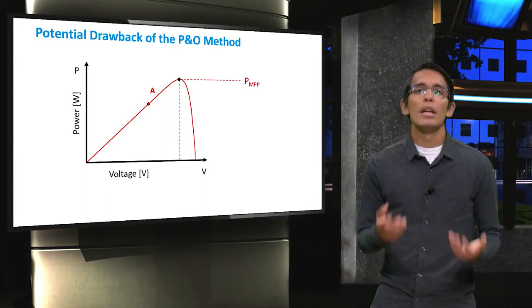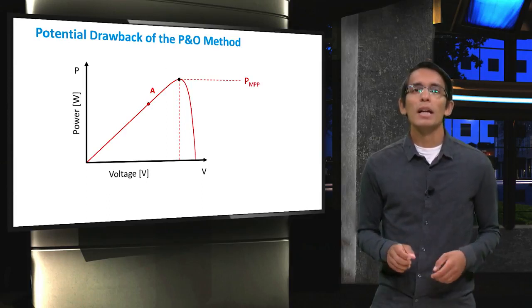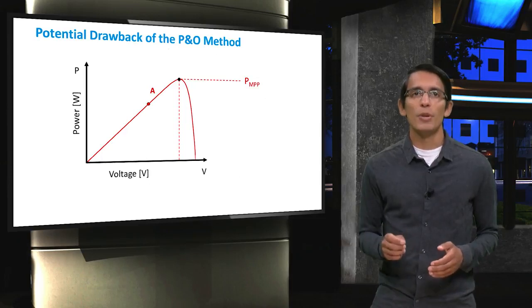However, there are some problems with this technique that could result in unideal perturbations. One such problem occurs when irradiance changes during a perturbation. Here we see a similar situation to the one we showed earlier in the video. Let's assume that first a positive perturbation is made, increasing the power.